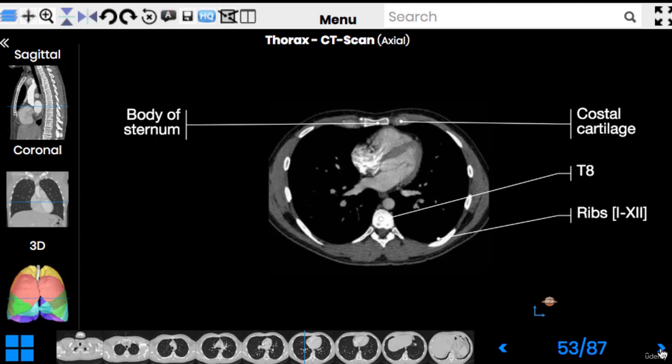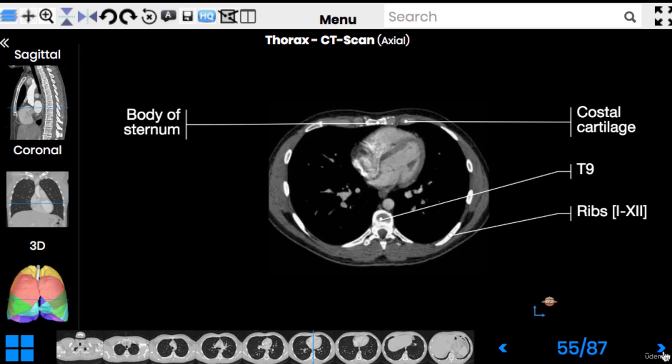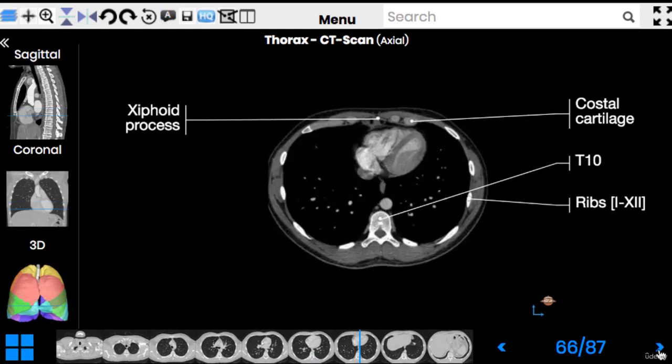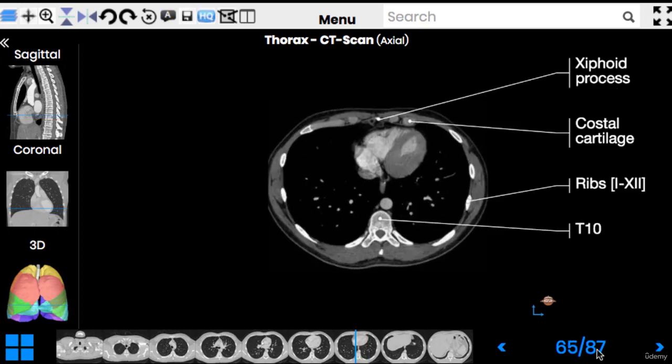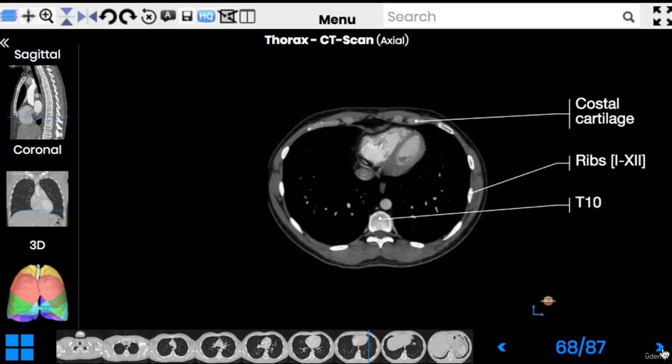This grayish shadow in the middle is the interventricular septum, and between the atria and ventricles we have the atrioventricular apertures with some shadows of the valves in them. As I scroll down and leave the right atrium, two vessels appear.